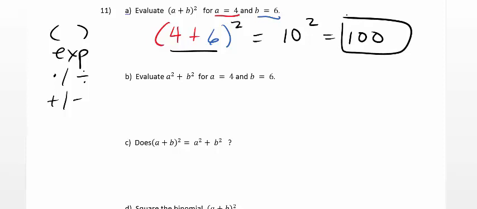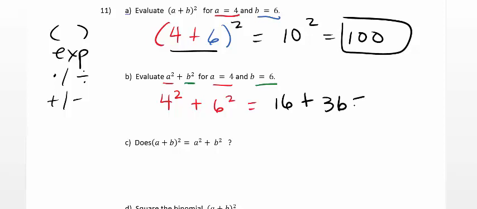Now we're going to evaluate this next expression, a squared plus b squared, again for a being 4 and b being 6. So we're going to substitute 4 in here and get 4 squared, and then we'll substitute 6 in here and we're going to get 6 squared. Now this time we don't have parentheses, so we have to take care of our exponents next. 4 squared is 16, 6 squared is 36, and then we can go ahead and add those together and get 52.